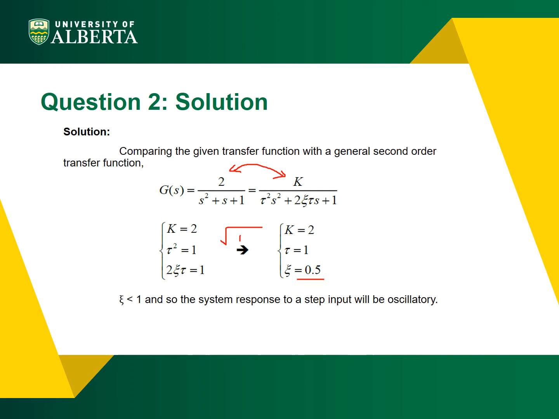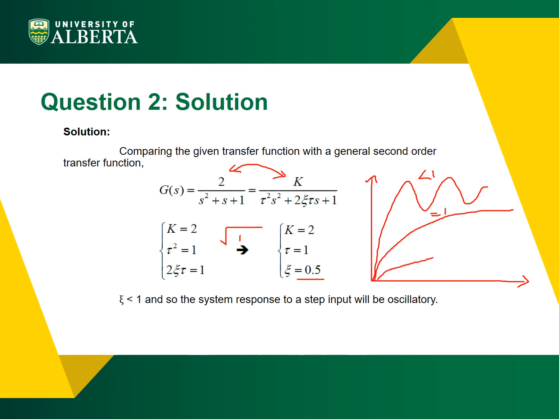For zeta equal to 1, we have a critically damped response, and for zeta greater than 1, we have an overdamped response. So if I plot it, it should be like this. This is for zeta less than 1, this is for zeta equal to 1, and this is for zeta greater than 1.